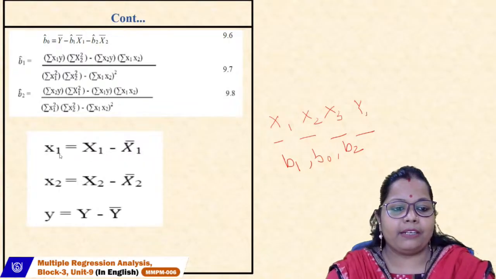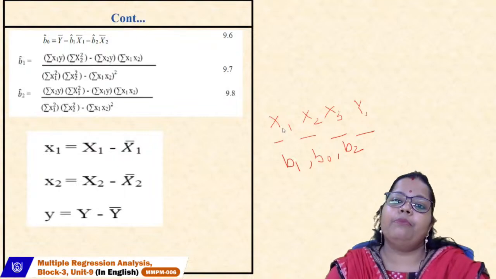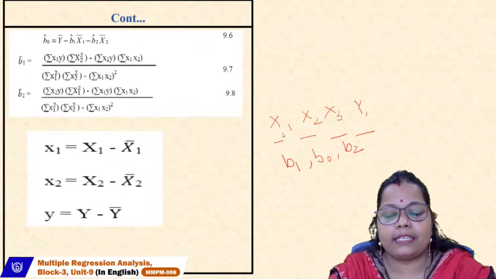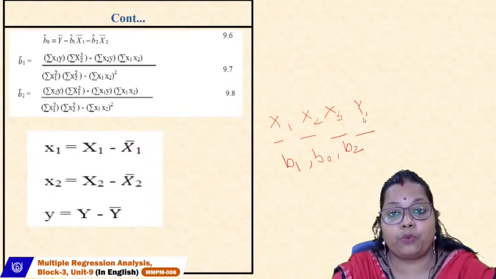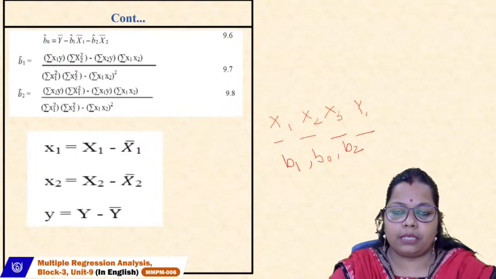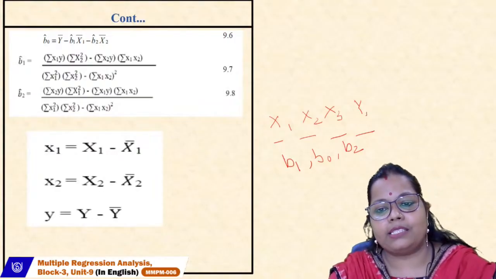So here I have explained how we will get small x. As I said, the information which is given to us is in terms of capital X1, X2, X3, and it may be up to Xk. In the same way, for the dependent variable, it is Y1, Y2 or whatever number, capital letters, symbols are given and the values are given.